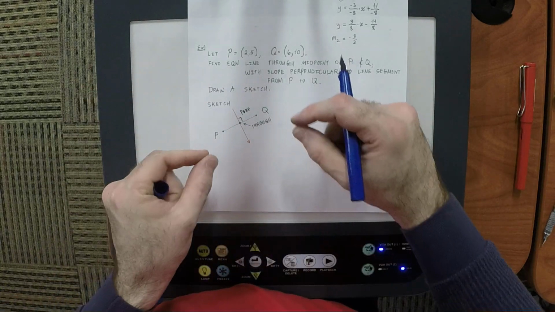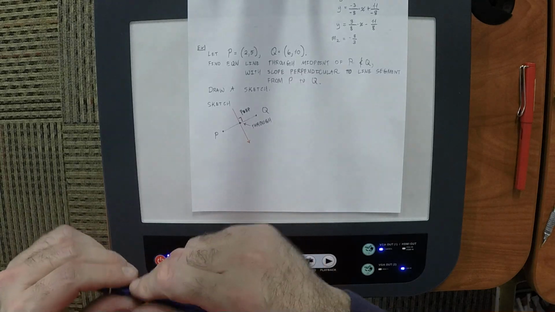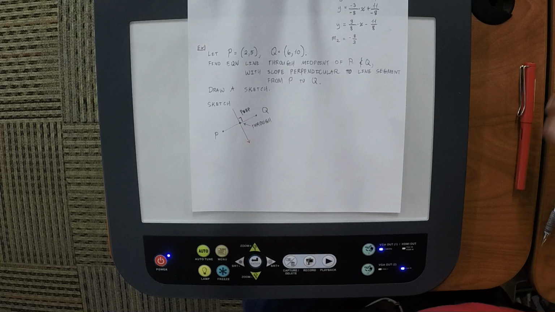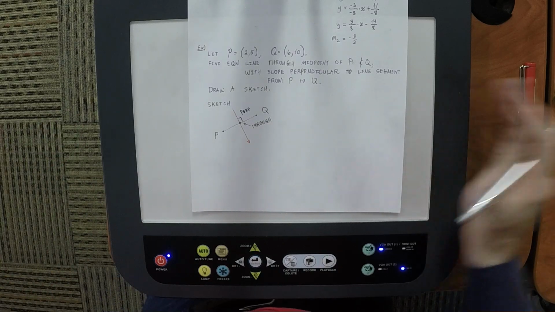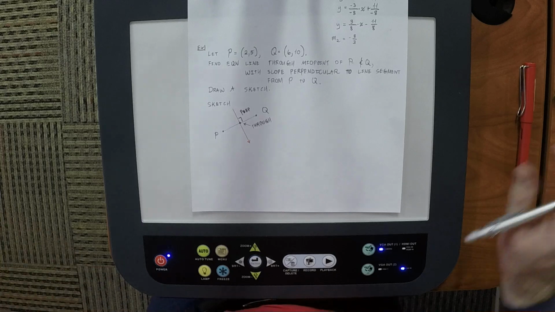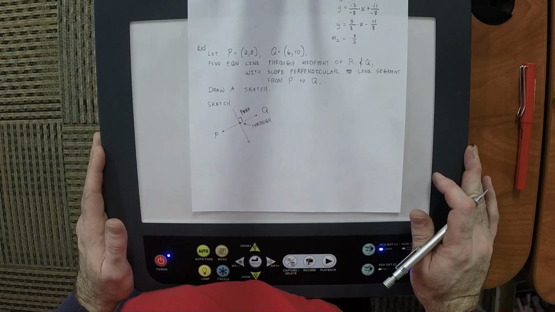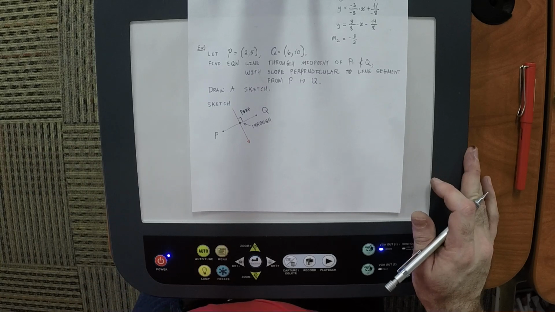What you were given is P and Q. Anytime you're looking for a line, there are always 2 items that you're looking for. What 2 items? A point and a slope. We weren't given either, at least not directly, which means that we must find both.